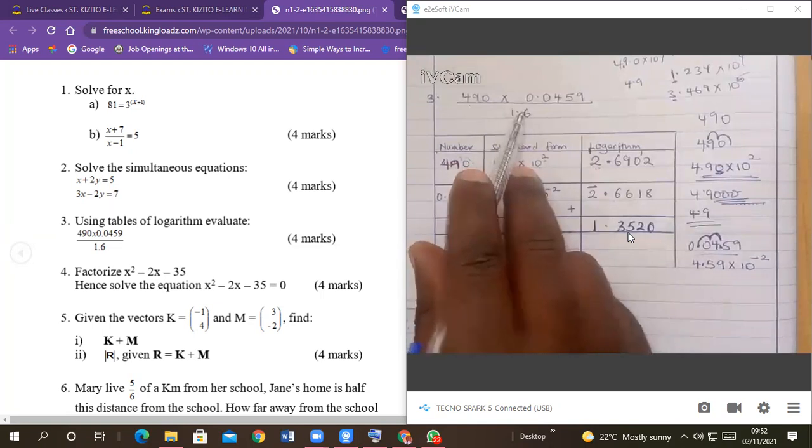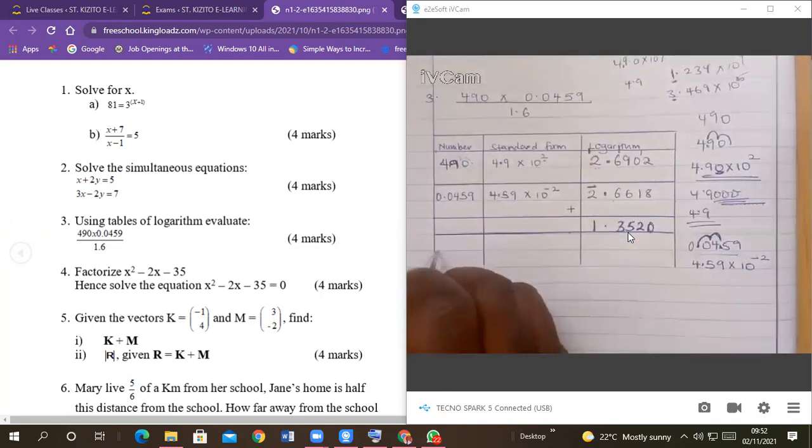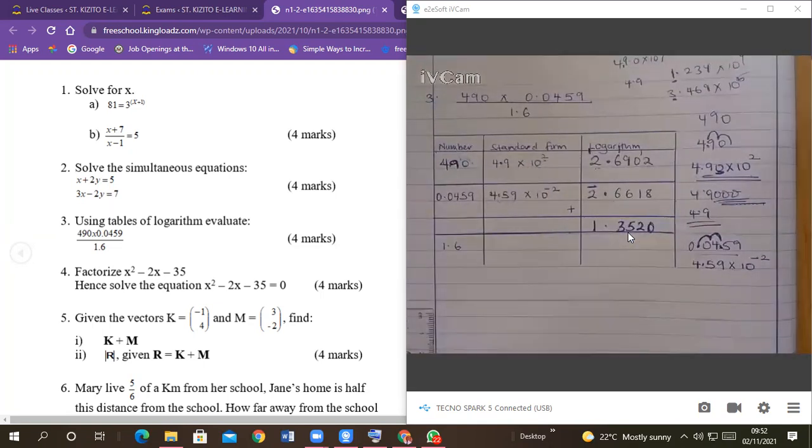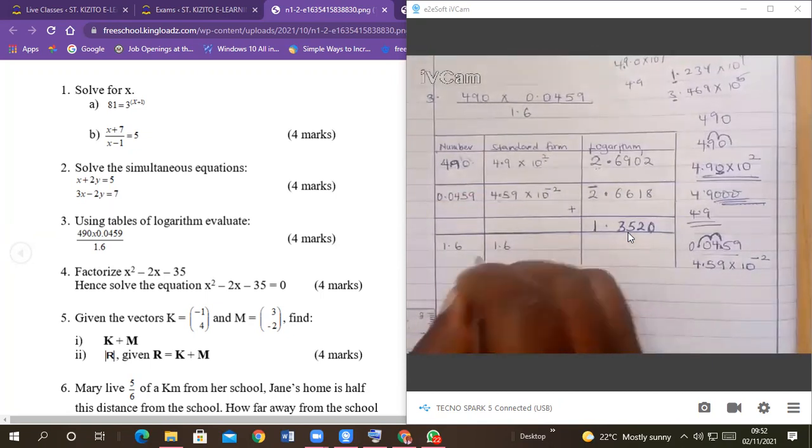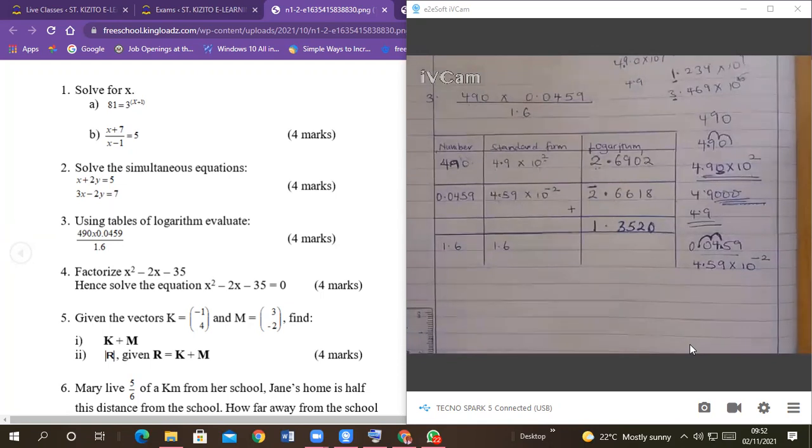Now you go to the next one, because the next one comes after this. The next one is 1.6. Come and write it here, 1.6. Then also standardize it. Let me ask, what is the standard form of 1.6? Who can give me the standard form of this? Put up your hand if you know.